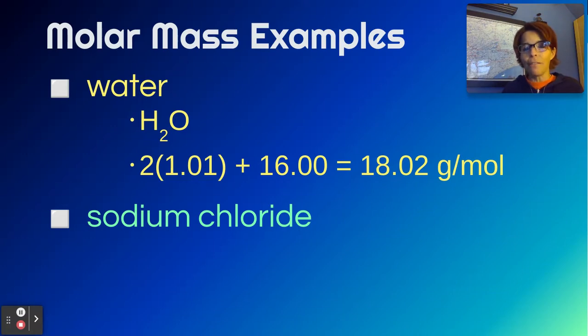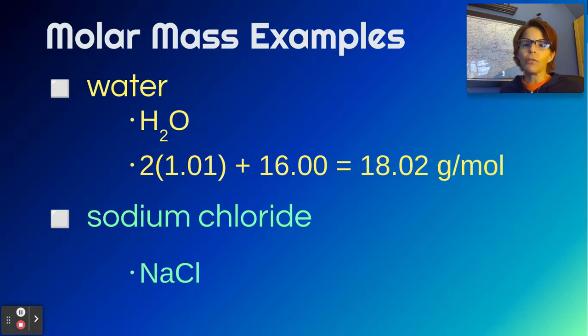Vice versa, if I have a mass of 18 grams and I measure it out, 18.02, I can say, hey, everybody, there are 6.02 times 10 to the 23rd water molecules here. Now, that's a little bit of an exaggeration because my balance isn't precise enough to say that exactly, but that would be an estimation that I have a mole of water molecules.